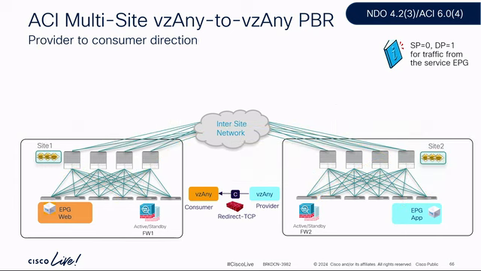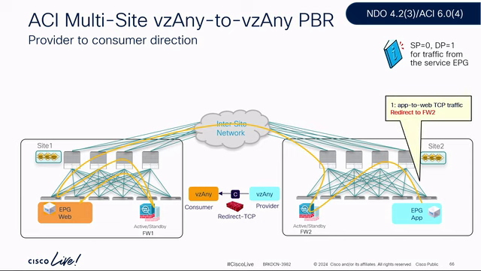Then provider to consumer direction, the return traffic. Let's say ingress in site 2 redirects traffic. Firewall 2 is inserted. From firewall 2, we have a special flag, SP equals 0, DP equals 1. Traffic is going to the destination. And then this is from another site.